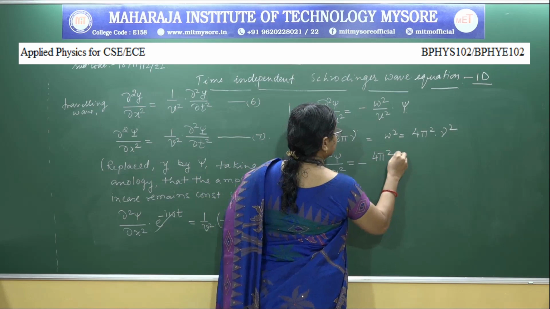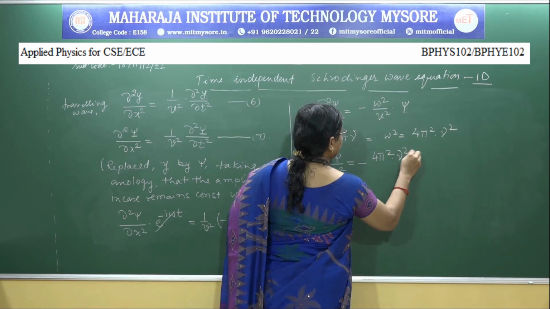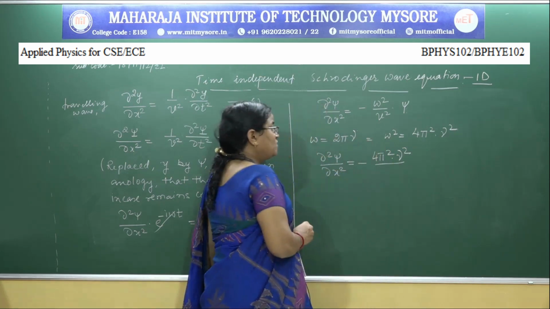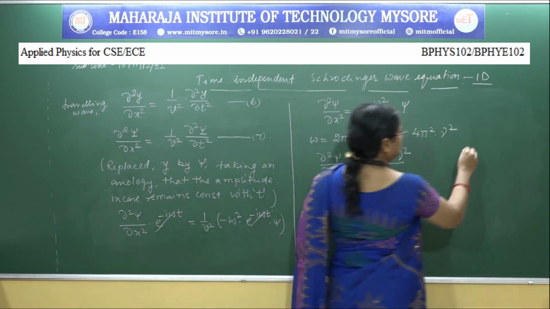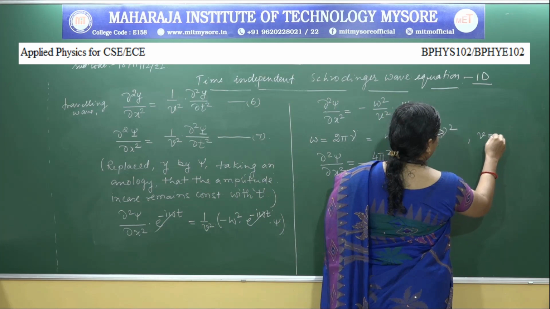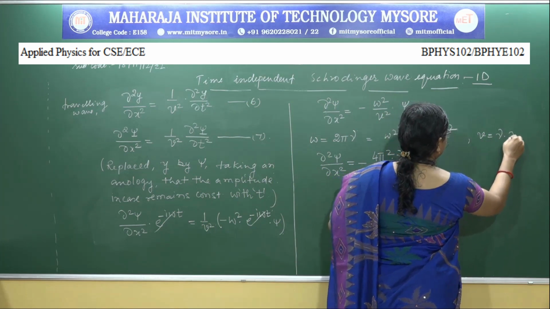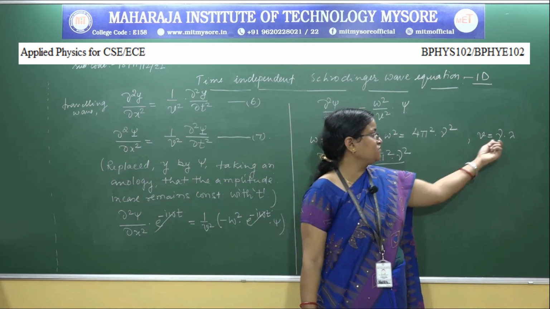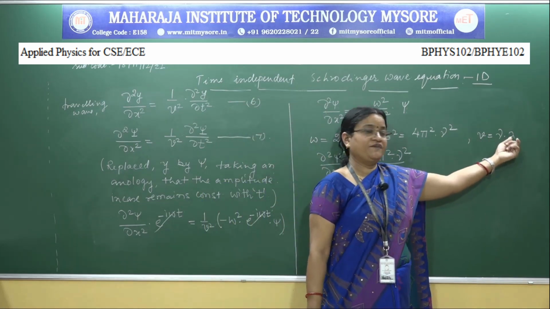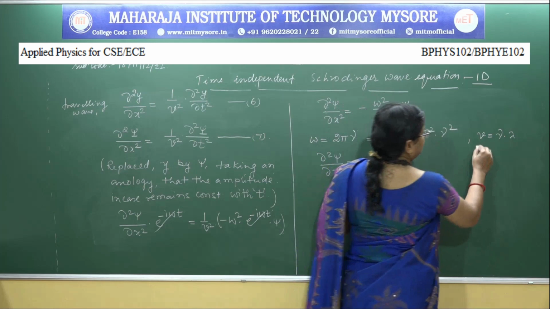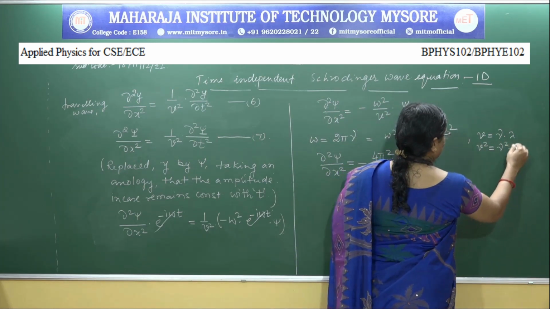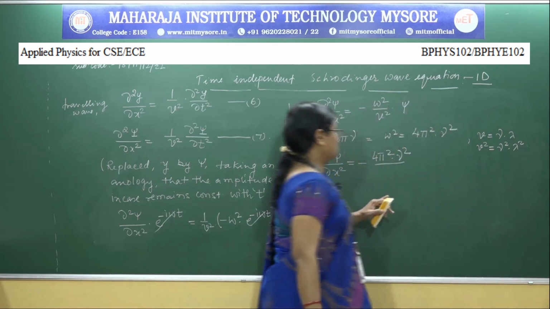pi square nu square divided by, here what we know that v is equal to nu lambda. We know this equation, we have already studied. Velocity is equal to frequency into wavelength. So if we square it, we get v square is equal to nu square into lambda square.